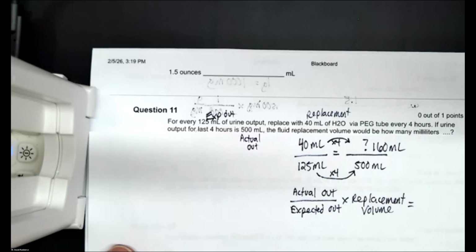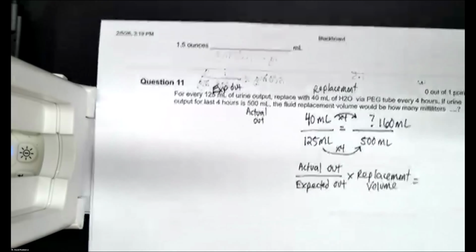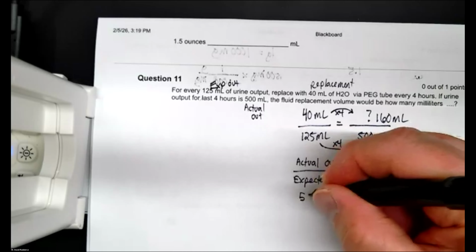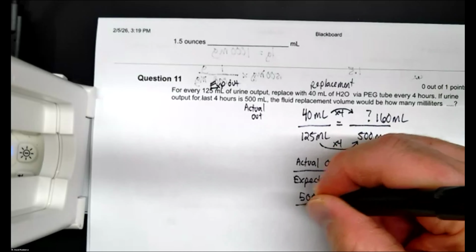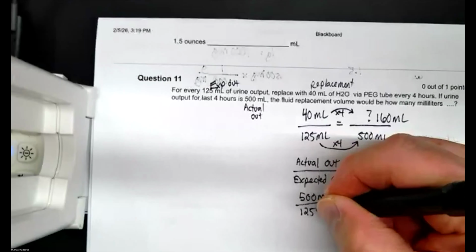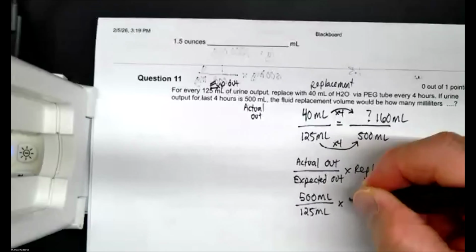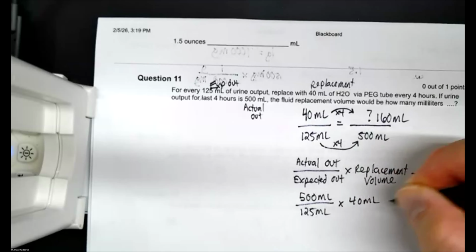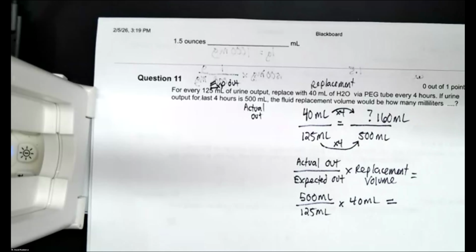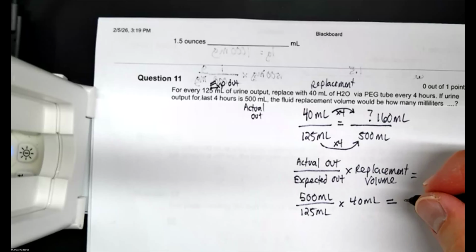And that'll also give you your answer, which in this scenario would be 500 over 125 times 40. And then you get the same answer, 160.